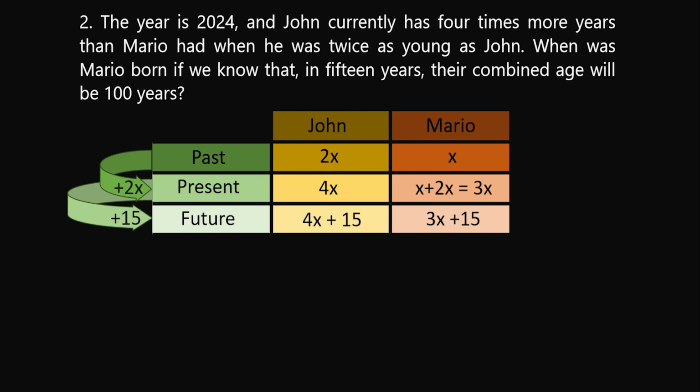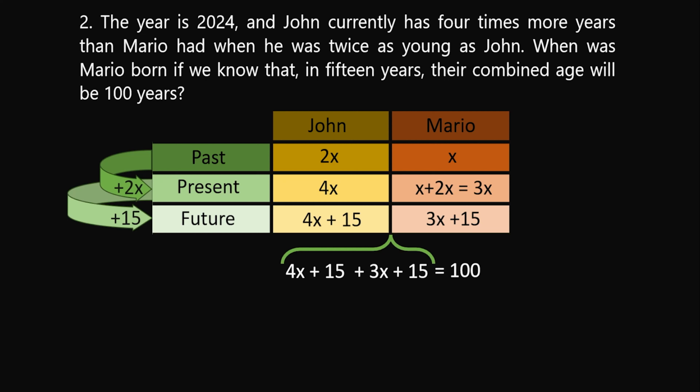Since both John and Mario will have 100 years combined in the future, we can say that John's years in future, 4x plus 15, plus Mario's years in future, 3x plus 15, must be equal to 100.